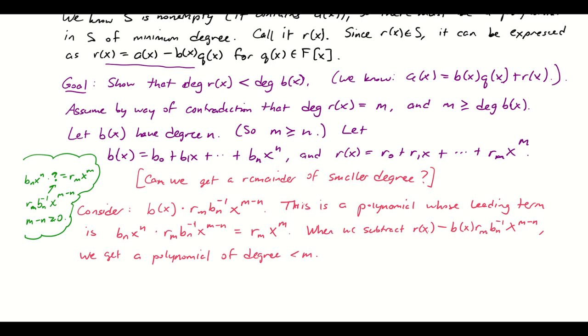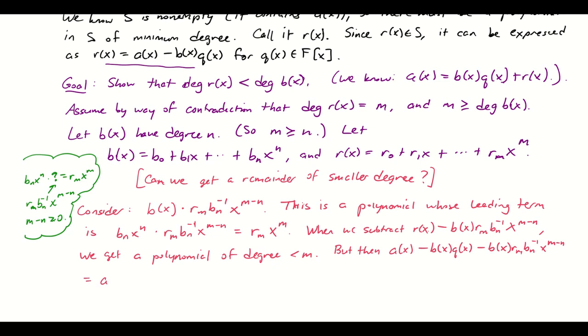Okay, but that polynomial, r of x minus b of x times the rest, well, r of x was equal to a of x minus b of x q of x, so that's a of x minus b of x q of x minus another multiple of b of x rm bn inverse x to the m minus n.